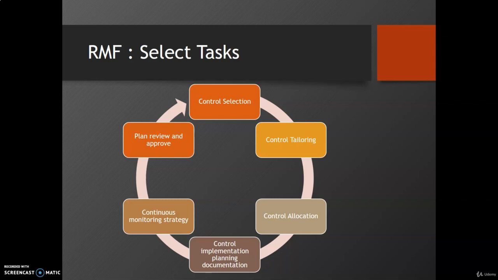An effective continuous monitoring strategy at the system level is developed and implemented in coordination with the organization continuous monitoring strategy, earlier in the SDLC, that is the software development life cycle.